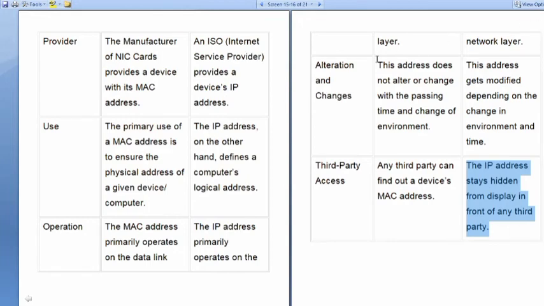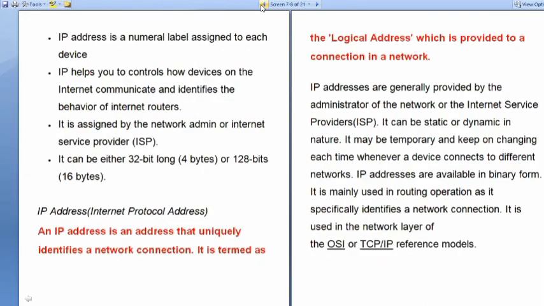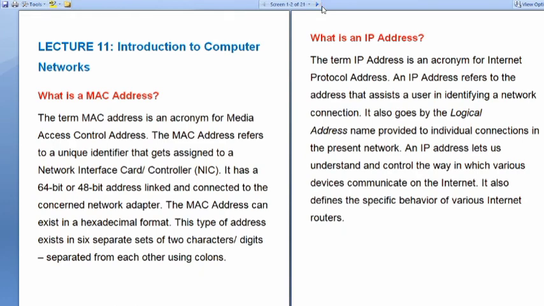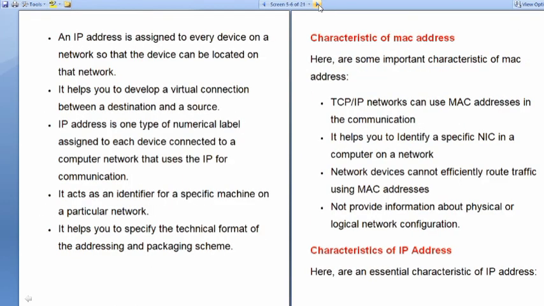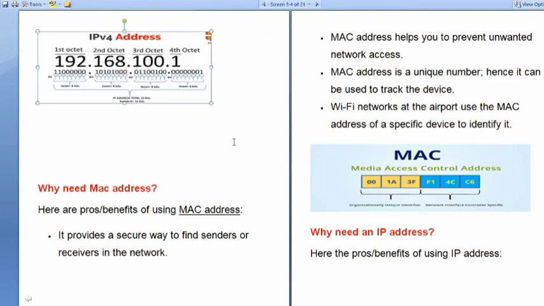Okay, students. I hope you all have understood the basic differences between IP and MAC addresses. Please do revise the whole video, and please see all these diagrams. These diagrams are meant for your own use only. Please go through them and you will have a clearer idea of what IP address and MAC address are.